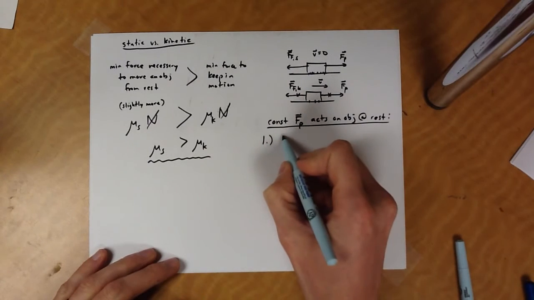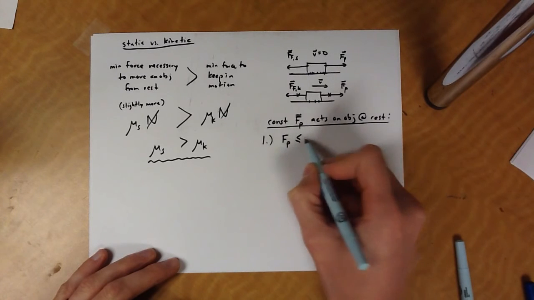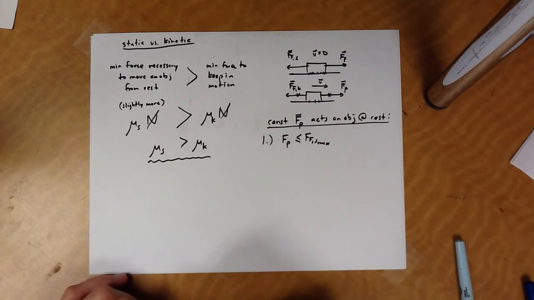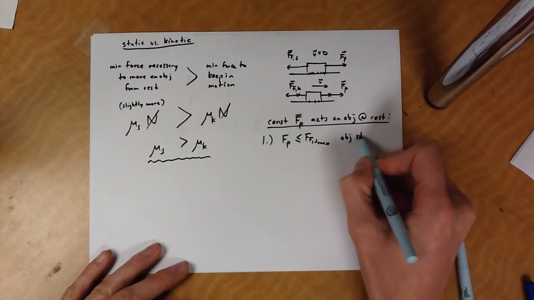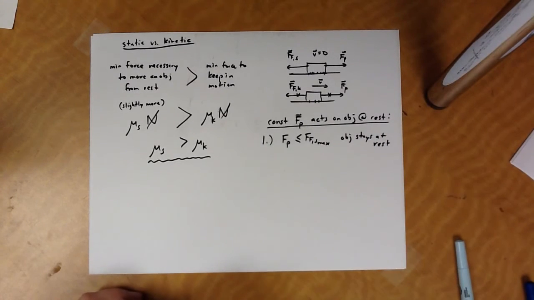The first possibility is that the pushing force is not enough. It's less than or equal to the static frictional force max. If that's the case, the object stays at rest. Okay, so you're not pushing hard enough to get it moving. And by the way, when I say pushing force, you don't have to strictly have that be a pushing force.